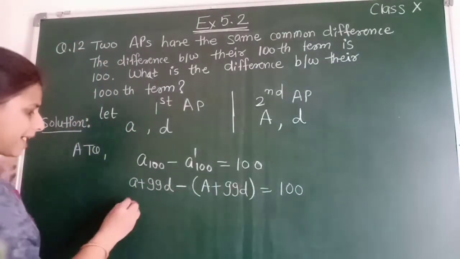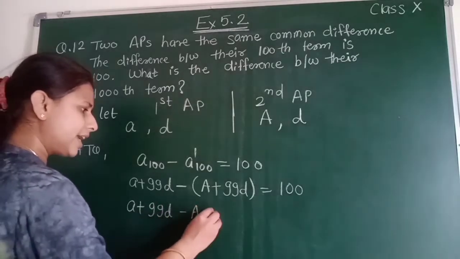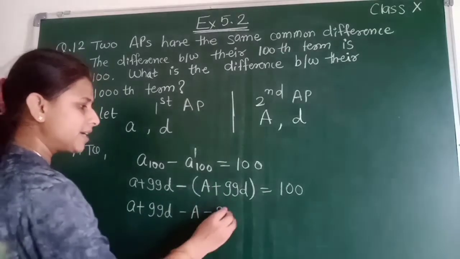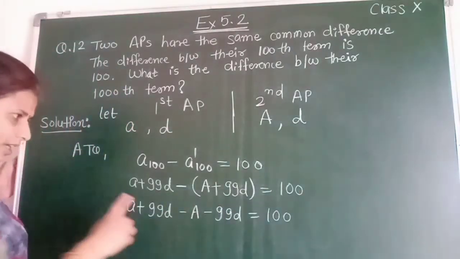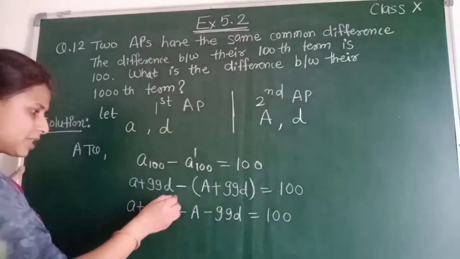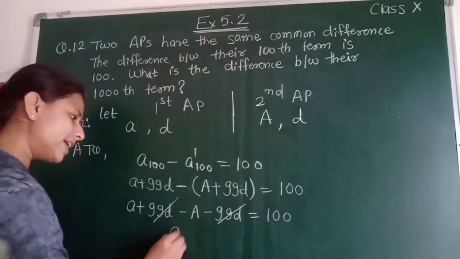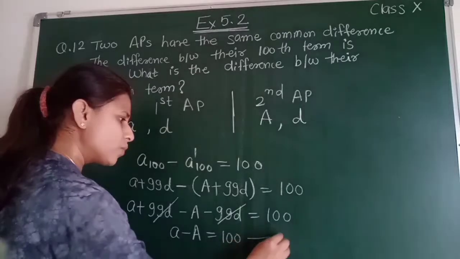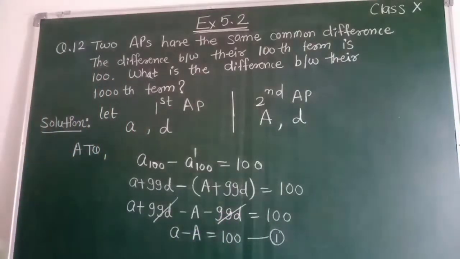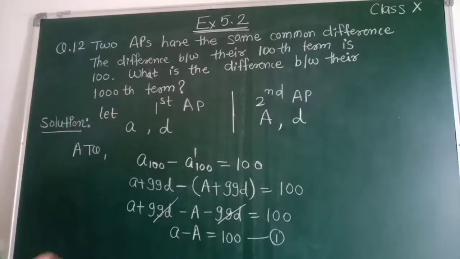Then we open the bracket: a plus 99d minus A plus 99d equals 100. You can see here student, this plus 99d cancels with this minus 99d, and we will get a minus capital A equals 100. This is our first equation. Now we have to find the difference between their 1000th terms.